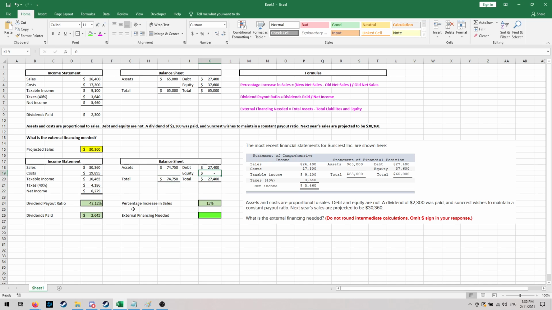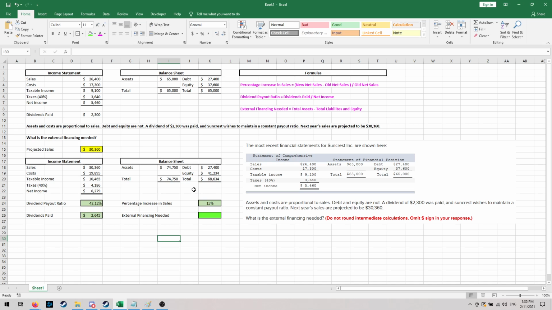And for our equity, we know that at the end of the year, our equity is going to be equal to last year's equity, plus our net income, minus any dividends paid. And there we can see that we get $68,634 on our debt and equity side of our balance sheet.